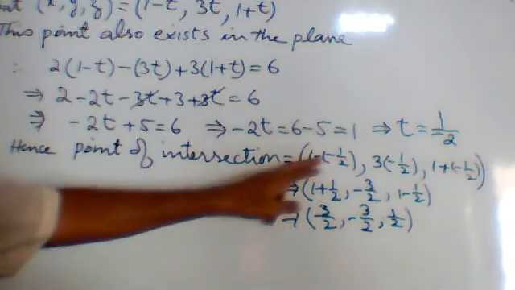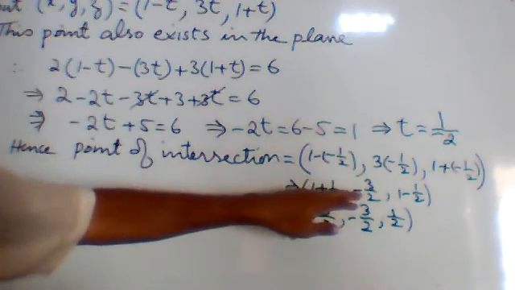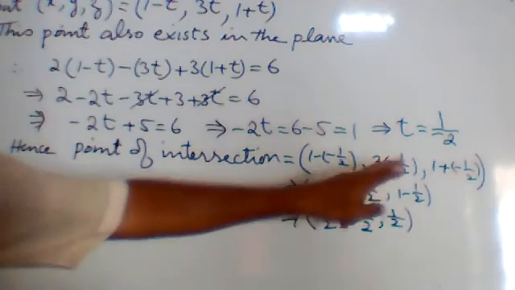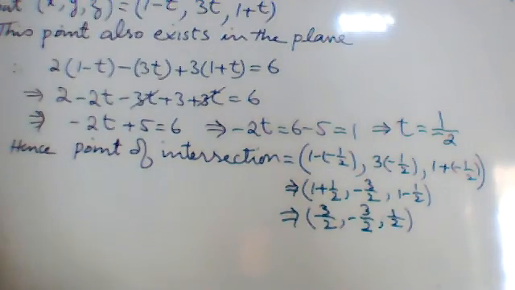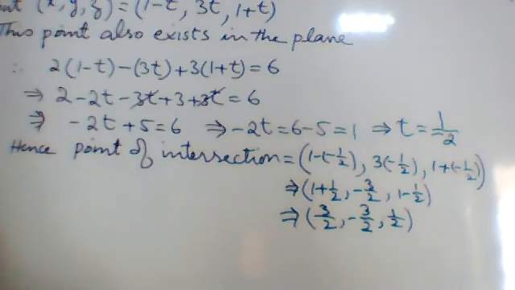So 1 plus 1 over 2, 3 into minus 1 over 2 will be minus 3 over 2, 1 minus 1 over 2. It will become 3 over 2, minus 3 over 2, 1 over 2. This is the answer. This is the point where the line x is equal to 1 minus t, y is equal to 3t, and z is equal to 1 plus t is intersecting the plane 2x minus y plus 3z equal to 6.